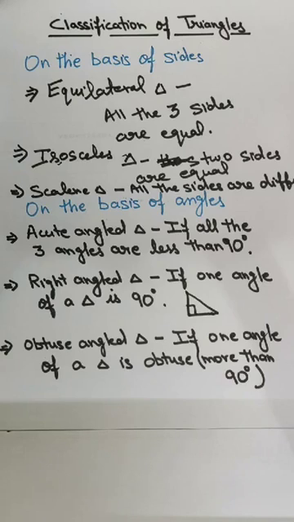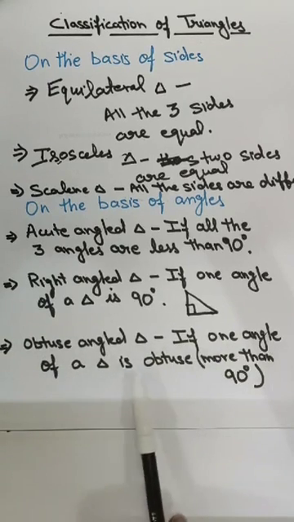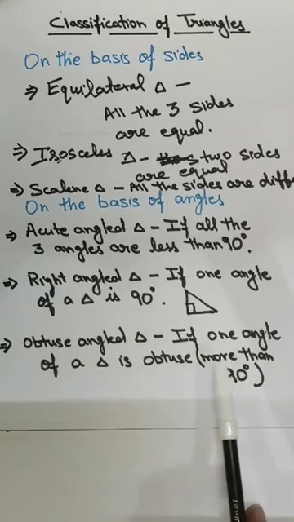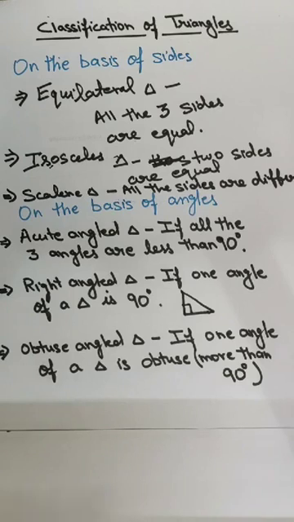We cannot make any triangle with two right angles. I will tell you that later on. Obtuse angled triangle: if one angle of a triangle is obtuse, that is more than 90 degrees, one angle only, not more than one, then we can say it is an obtuse angle triangle.